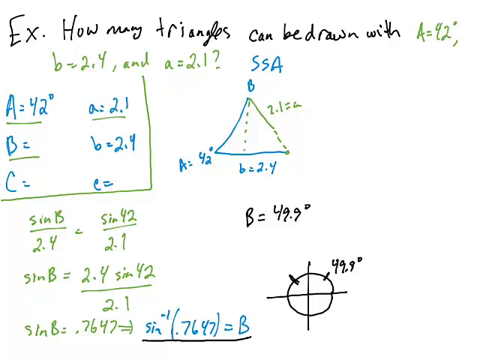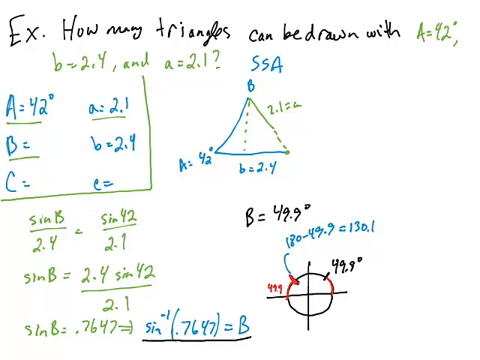The reference angle in the first quadrant is 49.9, and that is equal to this reference angle. So this down here is 49.9 as well. So this angle is 180 minus 49.9. Typing that into the calculator, we get 130.1.